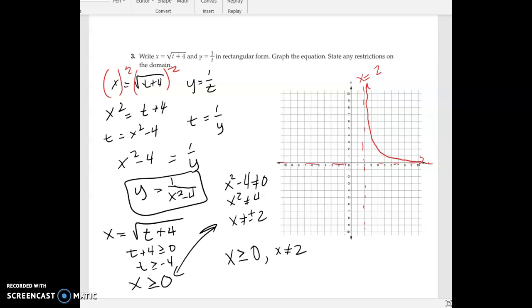Get rid of that last mark that I made, and it should look like this. So that's what our graph would look like. So you can see that we would have a dot here at 0, and then we have that asymptote of 2.